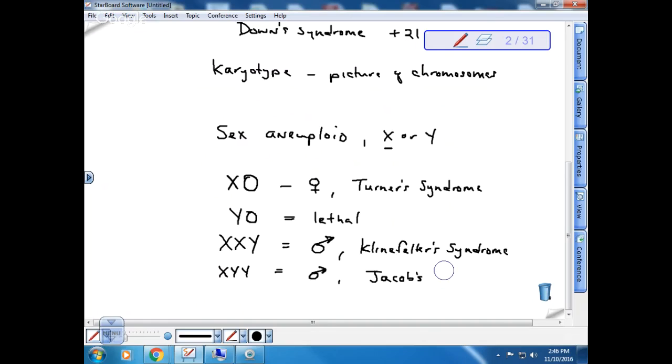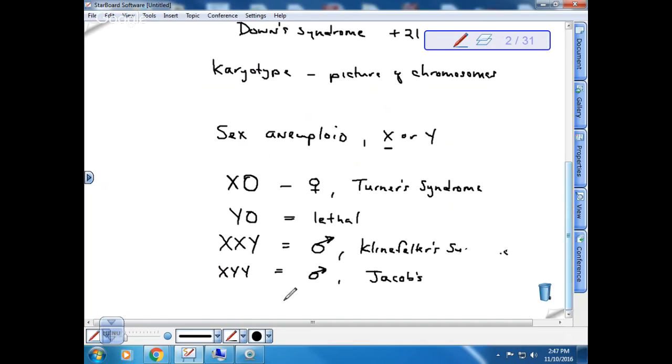What it does cause is people being taller and bigger, and they tend to have bigger hands and feet, right? And so that might affect the way that they are treated, and that might affect their propensity to maybe have trouble in our society. They're big hands and big feet. Okay. So that's Jacob's. Okay.